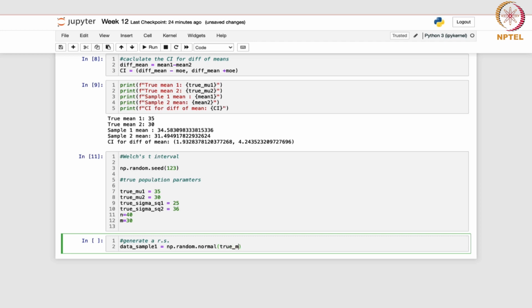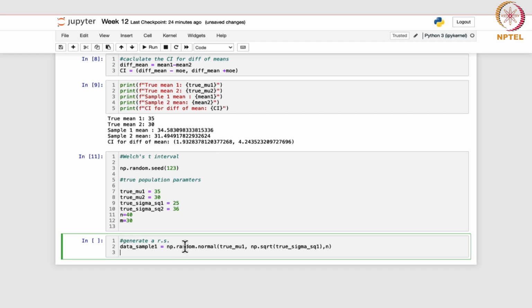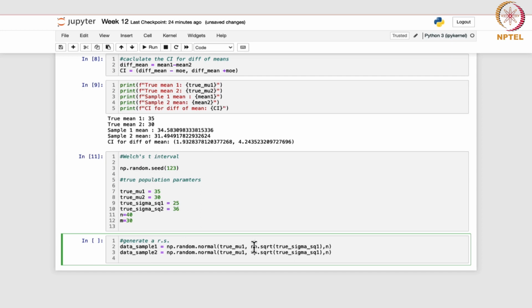The step is the same, with just the difference that here we would have to give different variances for both the samples. So np.sqrt, here again we would write true sigma_sq1, and here we would specify the sample size, that is n, and for the second one it would be sigma 2, and finally m, the sample size, is m.